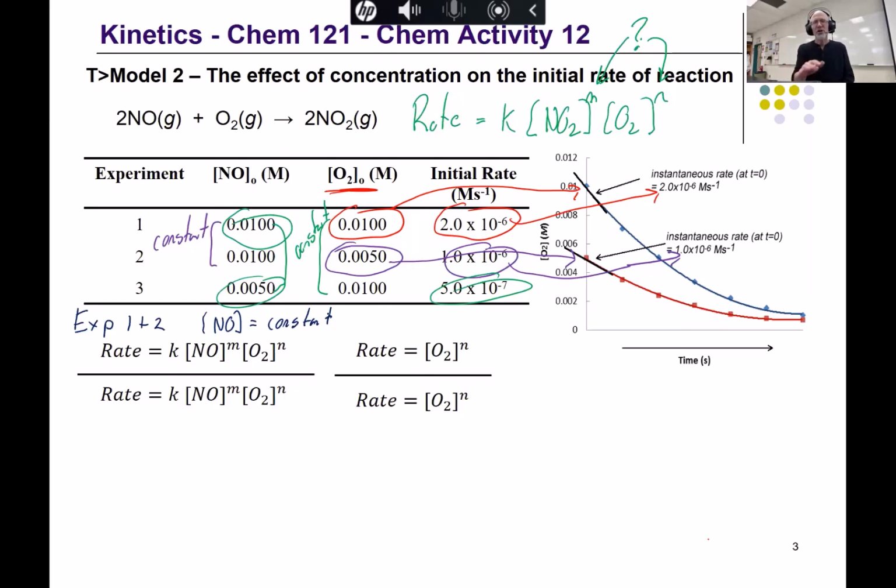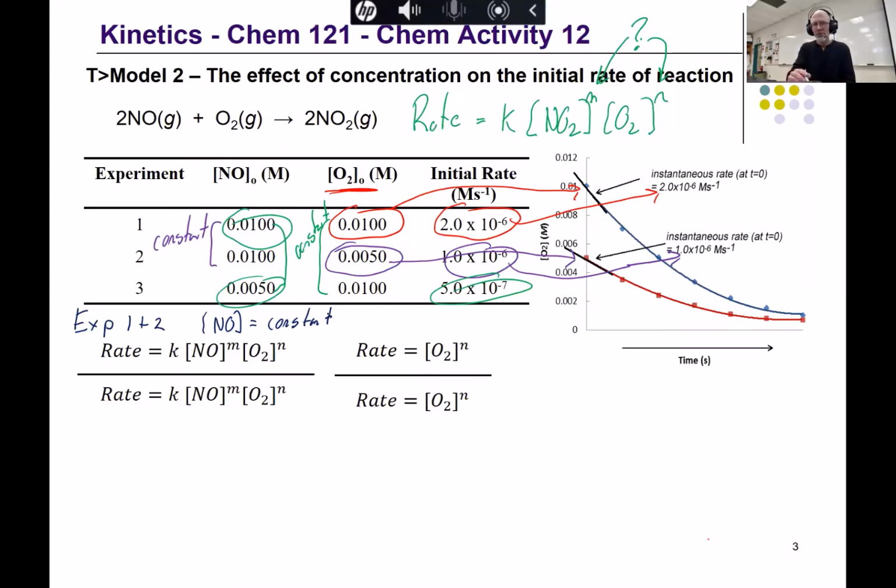So I say start off by writing the rate law template, if you will, and then you write it again, and it's like you're dividing one by the other. And in order to solve this next part, you're going to remove any terms that are constant. So I've mentioned that K represents a rate constant.